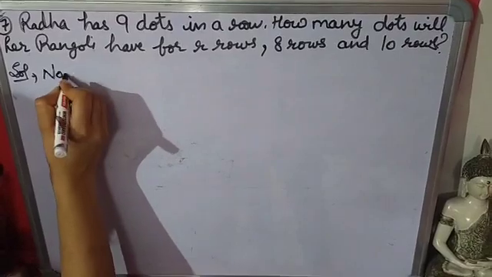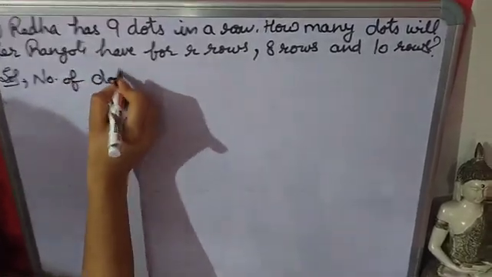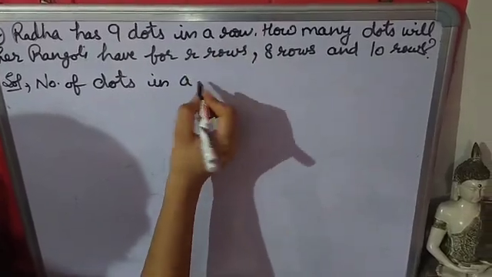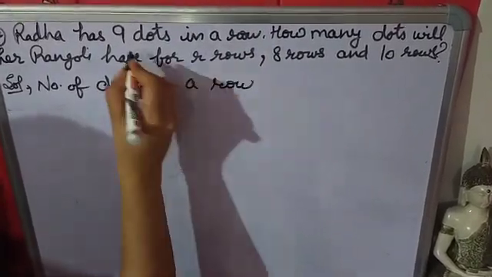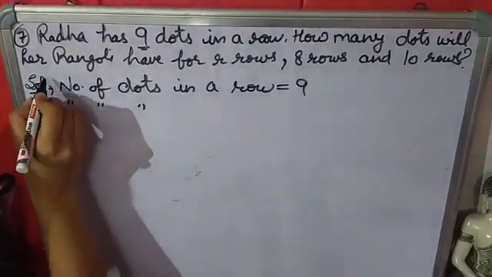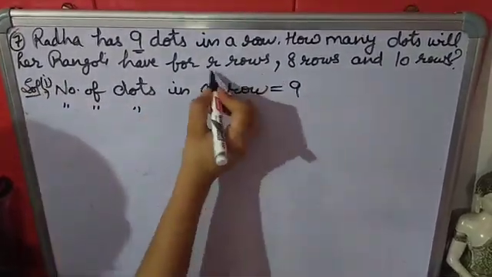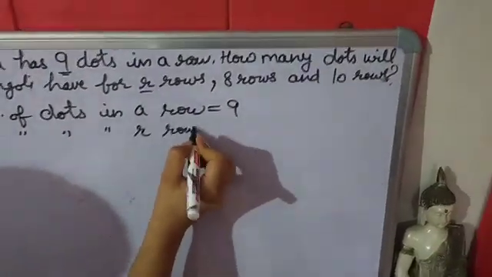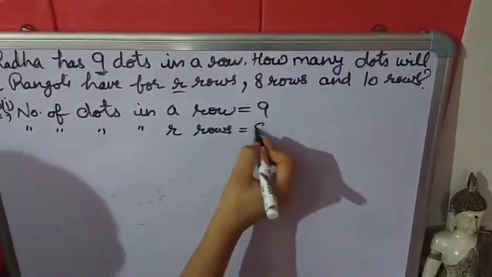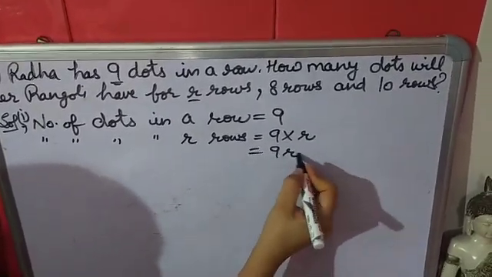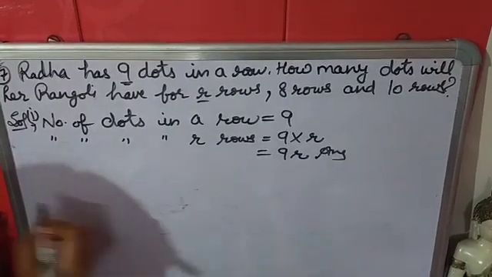We write number of dots in a row: a row means 1, there are 9 dots. Number of dots in R rows: multiply 9 into R, 9R dots. This is the first case.